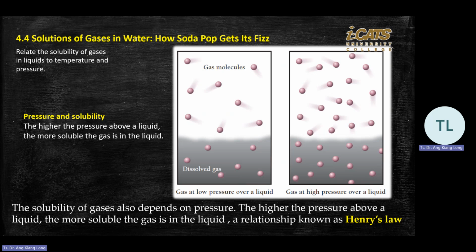Henry's law says the higher the pressure above the liquid, you need to mention above the liquid, the more soluble the gas is in the liquid. Henry's law is linked with the solubility of gas in liquid.